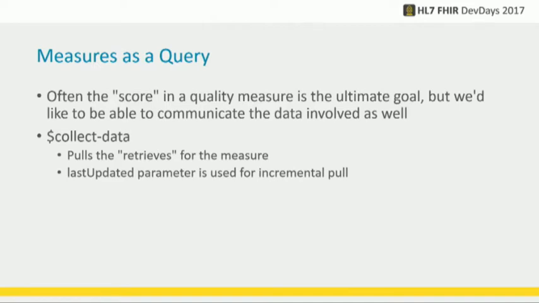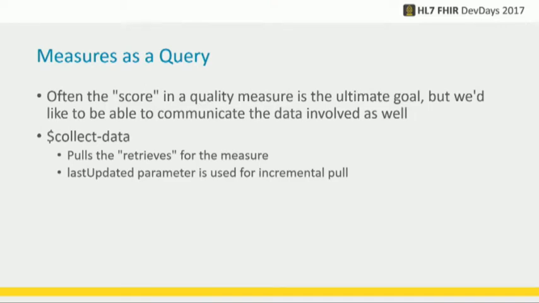And then there's a last updated parameter. Yeah, was that a question? Would that be something like a risk assessment that somebody wants to do on a patient that's in a quality measure, like PHQ-9 or CHADS-VASc? Yeah, you could certainly do a risk assessment. You could use this to pull the data that you needed for a risk assessment. You would just define the library of expressions that were the inputs to the risk assessment that you needed.